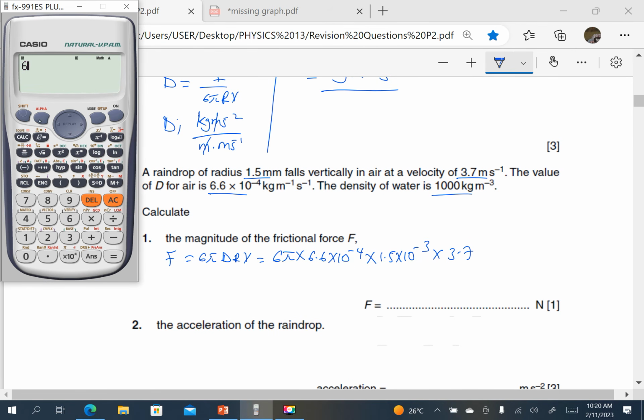So we have 6 pi times 6.6 exponent negative 4, then times 1.5 exponent negative 3, then times 3.7. So that is 6.9 times 10 to the power negative 5.